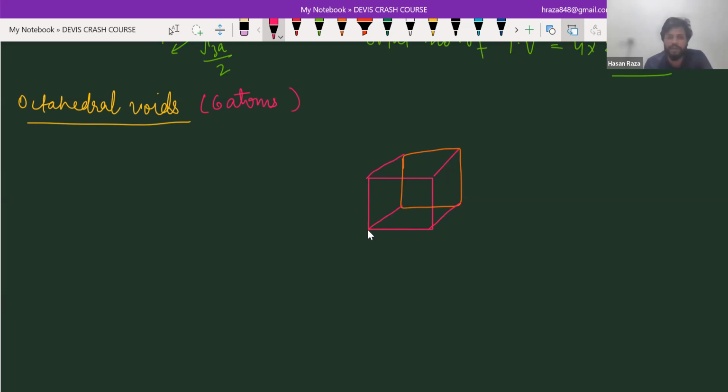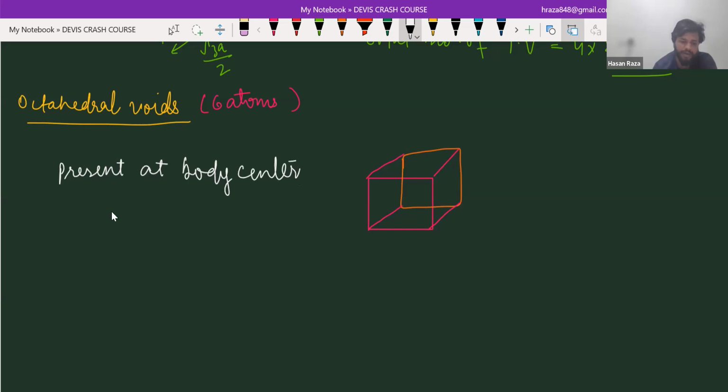Octahedral voids are basically due to 6 atoms. So the first octahedral void is basically due to these 6 faces. So I'm going to write: octahedral voids present at the body center and at the edge center.